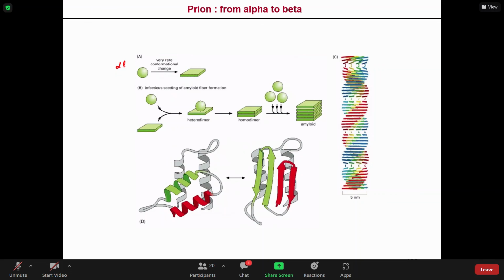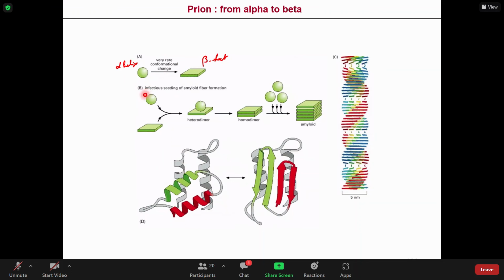The alpha helix conformation is the healthy protein, and the beta sheet conformation corresponds to the pathogenic protein. So if you are still healthy, you have very rare conformation change.